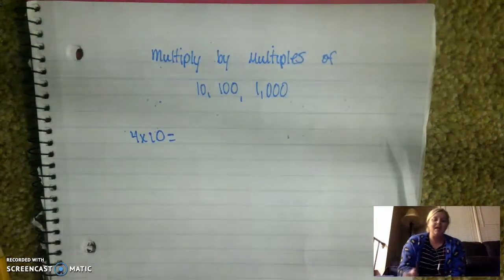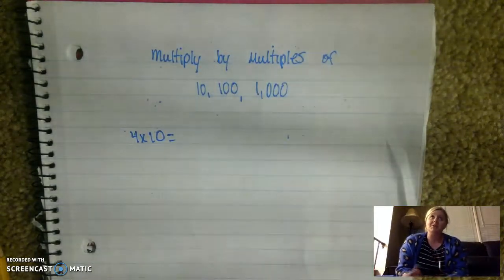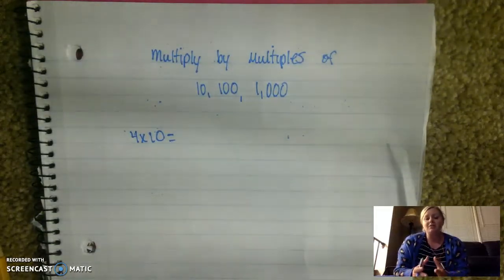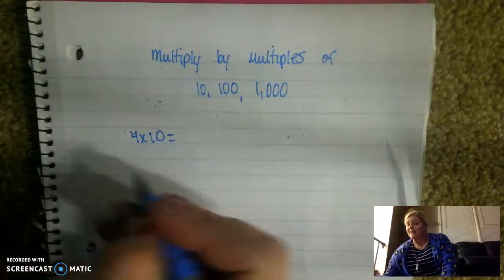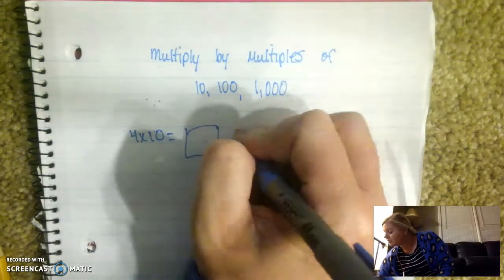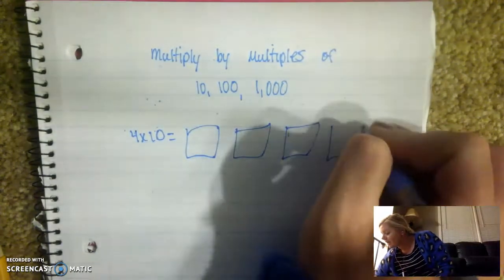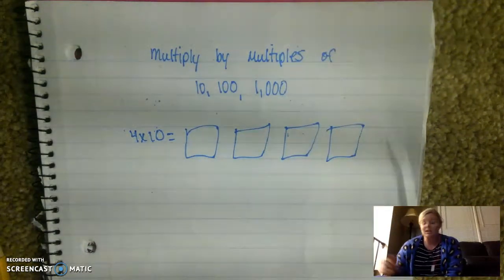4 times 10. When I'm looking at this problem, you're probably thinking, well, Miss Wilson, 4 times 10, that's 40. I already know that. But think about what this represents. Because I have 4 times 10, I have 4 groups, and I have 10 in each group.